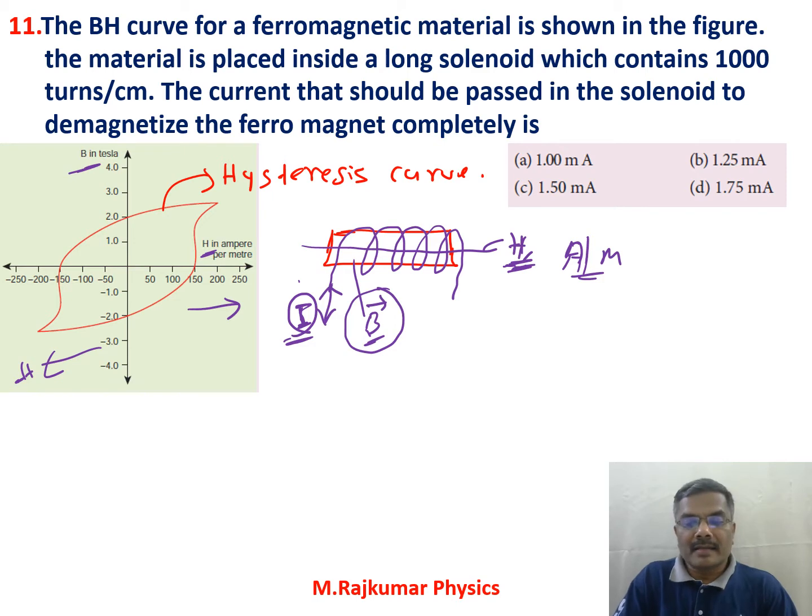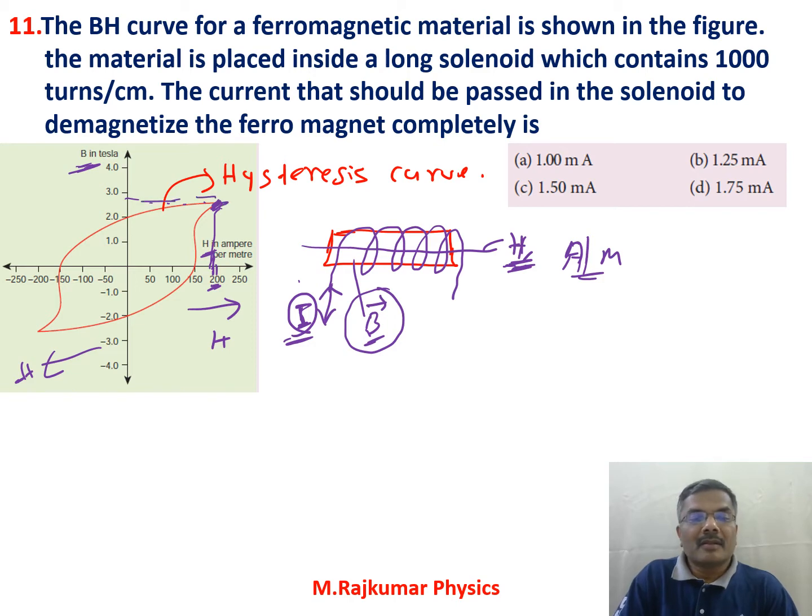For example, here it is 200. If you observe this graph, it is 200 ampere per meter. If I further increase this H, this B is not going to increase. This magnetic induction which is being induced inside this bar magnet is not going to increase.